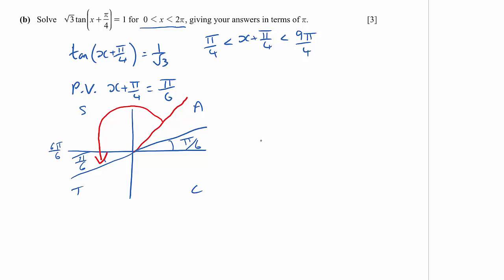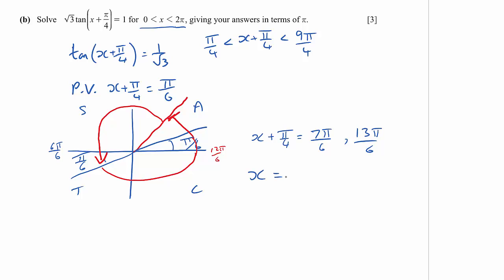So this is 7 pi by 6. So x plus pi by 4 is 7 pi by 6. And then we'll keep going. 2 pi is 12 pi by 6, so another pi by 6 is 13 pi by 6. I should have changed back to the blue pen, sorry. 13 pi by 6. And then we keep going and we get to where we're going to stop looking.